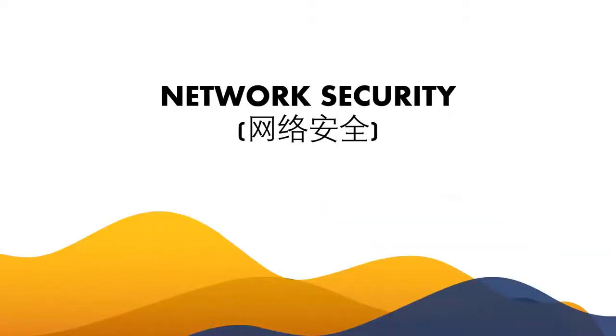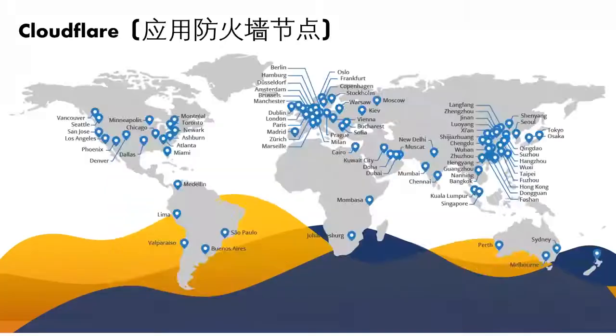So let's talk about the network security. We actually run Cloudflare, and Cloudflare itself has all of these nodes or data centers in the network that do all the CDNs and the acceleration.